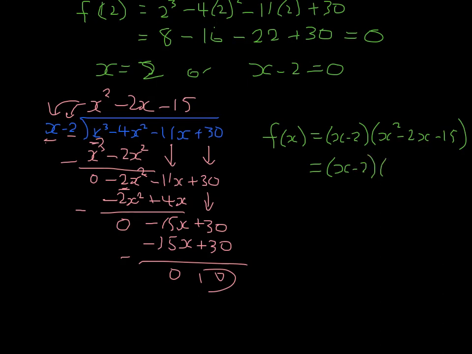Now factors of negative 15 that add up to negative 2 would be negative 5 times by positive 3. So that will give us x take 5 and x plus 3. And that's that question factorised. So I certainly hope you find this useful.